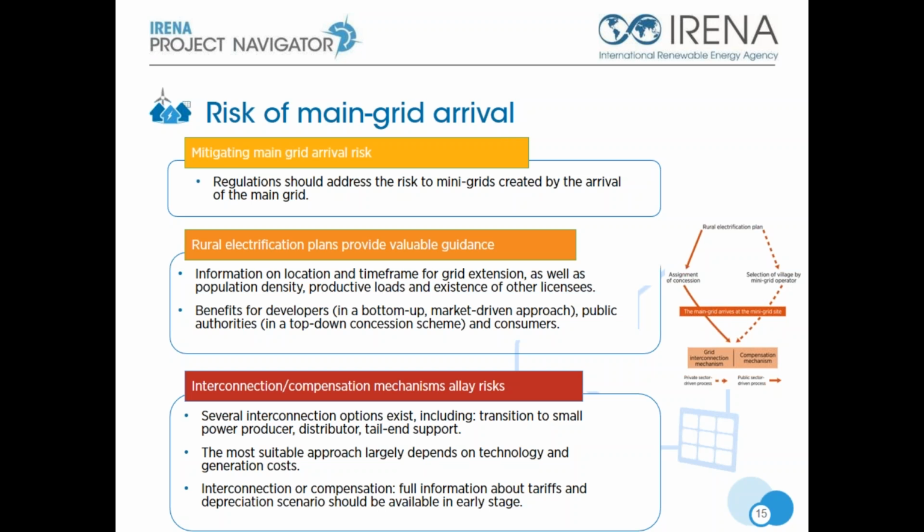The success of interconnection or compensation mechanisms depends on the developers having clarity on certain elements beforehand, such as tariffs and depreciation scenarios. It's very difficult for a private sector or any investor to invest in a mini-grid without knowing what happens when the main grid arrives. Next slide, please.